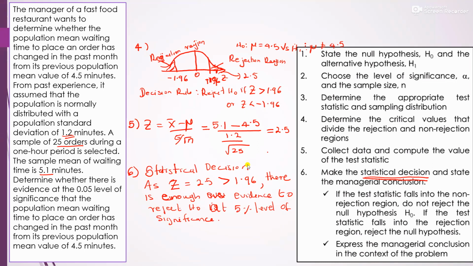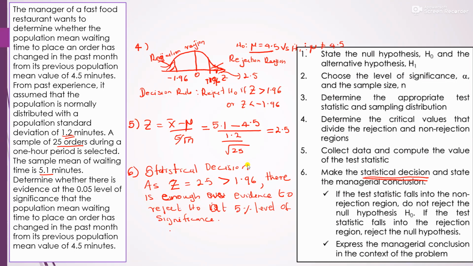So if H naught is rejected, now we say that mu is not equal to 4.5. Our sample mean is 5.1, and it says that this 5.1 is not possible to come from the population that has mean 4.5.